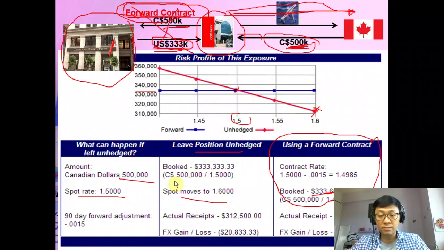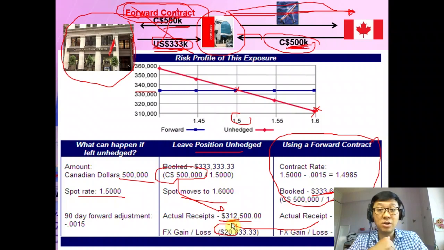Let's say it has become 1.6, which means what? With the Canadian 500k, I can now only receive US dollar instead of 333k US dollar. I'm now getting 312k US dollar, which means what? There's a shortfall of 20,000 US dollar, right?